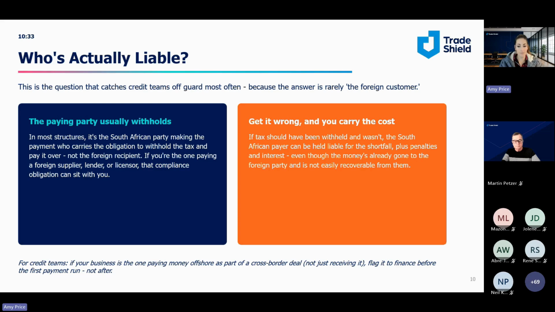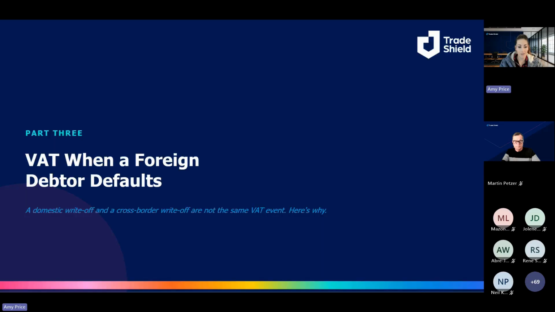Make sure that you structure your deals correctly and get the supporting documentation. The withholding tax conversation needs to happen with the finance team before the first payment run even goes, and before invoices are even sent out. This is at the onboarding stage, when it comes to foreign debtors.